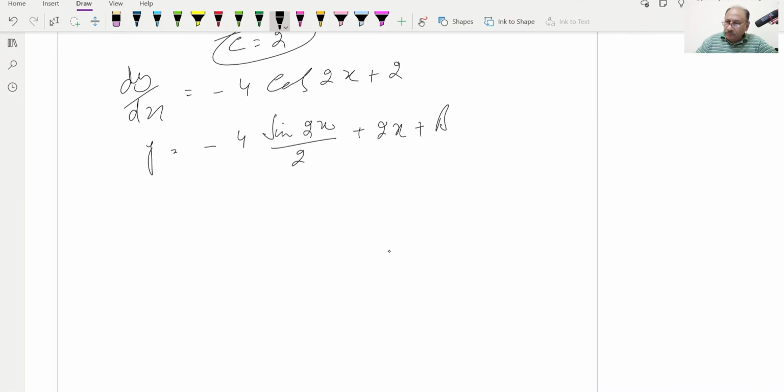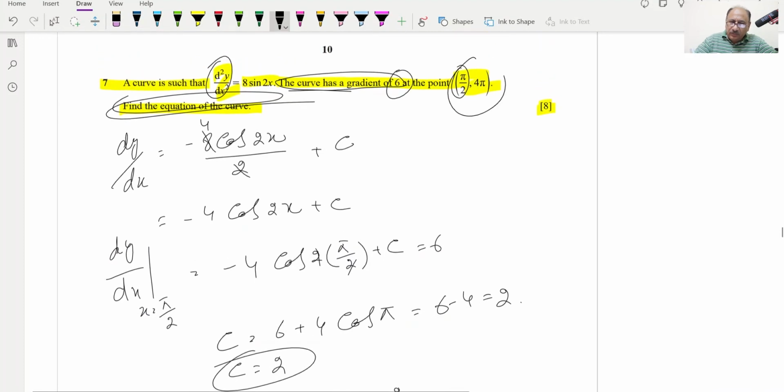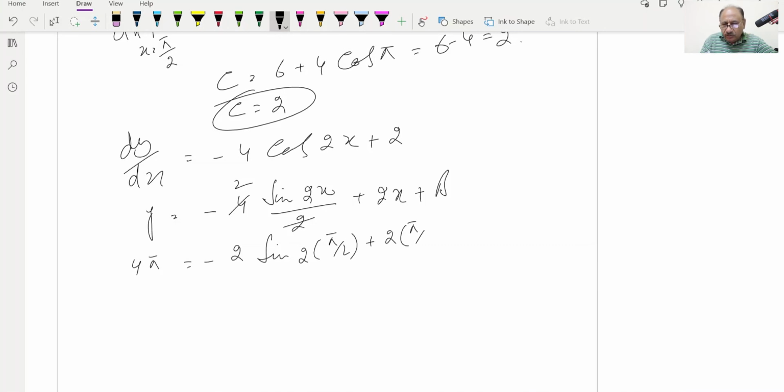Now we can replace the point which is pi by 4 and 4 pi. So y is equal to 4 pi is equal to minus 4, and we can cancel this and we'll get minus 2 sine of 2 into pi by 2, plus 2 into pi by 2, plus b.